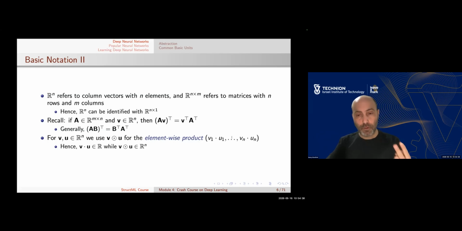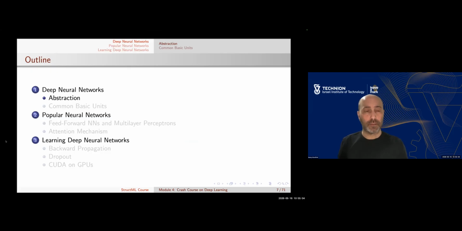So now we have two notions of product. We have the usual dot product, v times u gives you a scalar, a number, okay? And we have the element-wise product, v ⊙ u, which is a vector of length n. Okay, and we're going to use that. And that's all. With that, we can start talking about the abstraction of deep learning, deep neural networks.